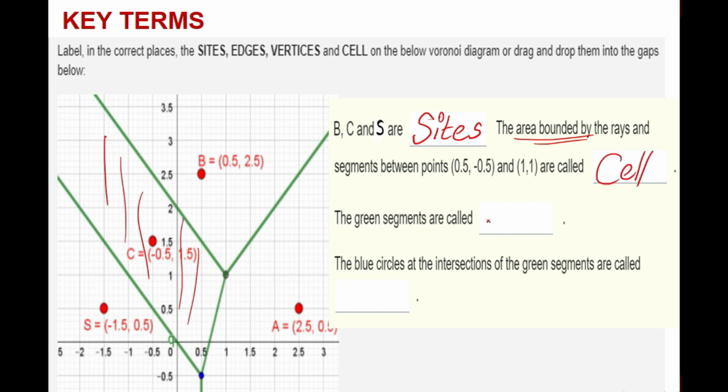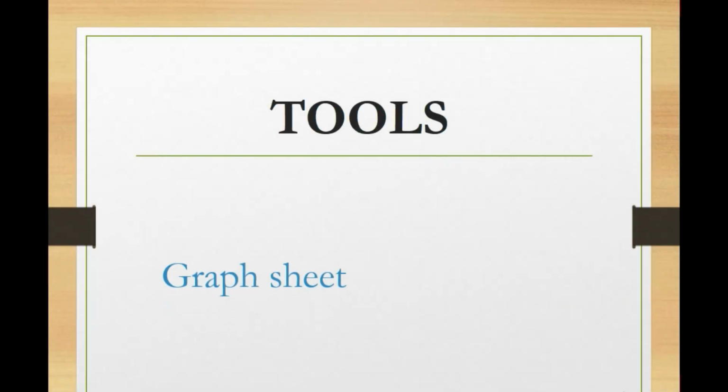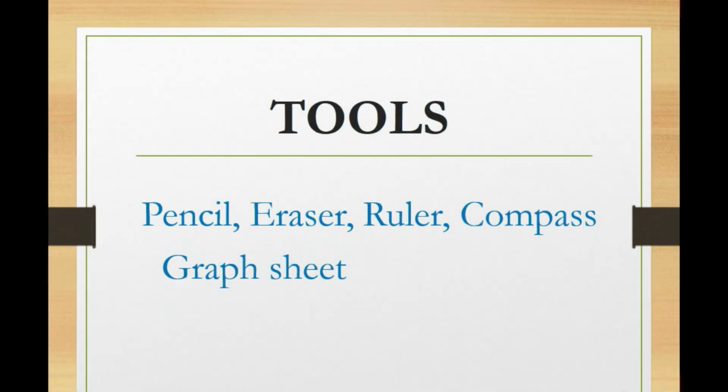The green line segments are called the boundaries or the edges of each cell, and at the intersection of these segments, they are called the vertices. So these are the four terms that you should know: the sides, the cell, the edges or boundaries, and the vertices.